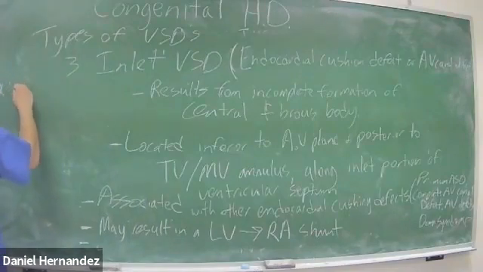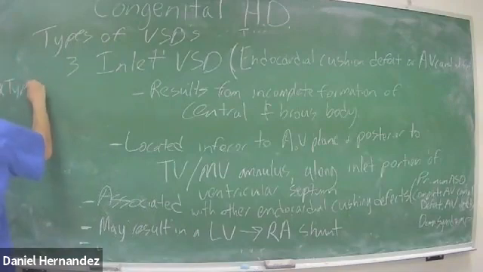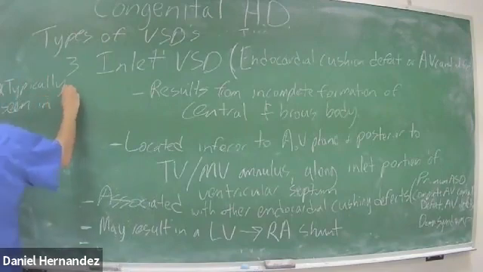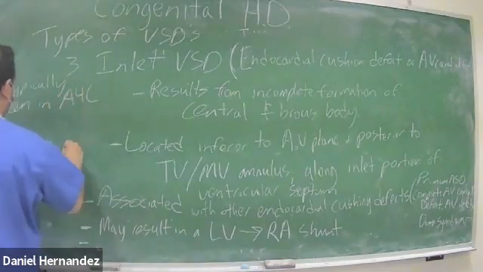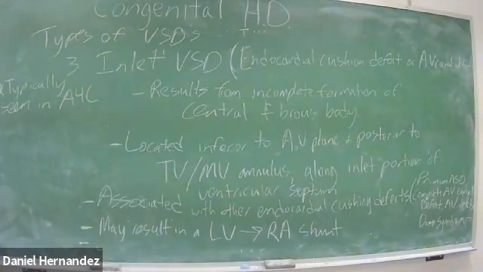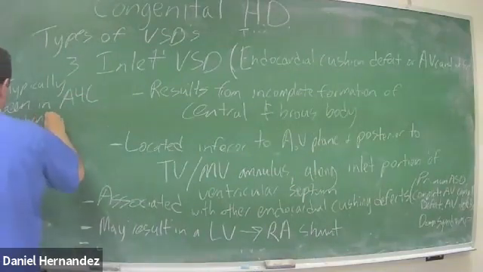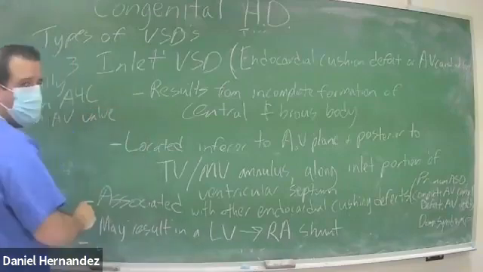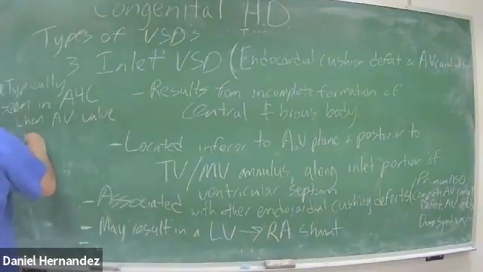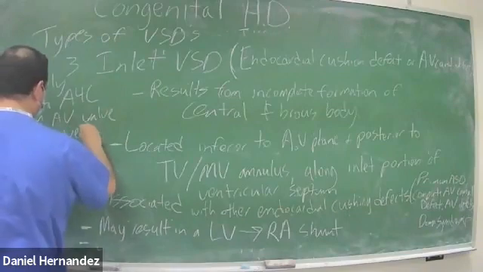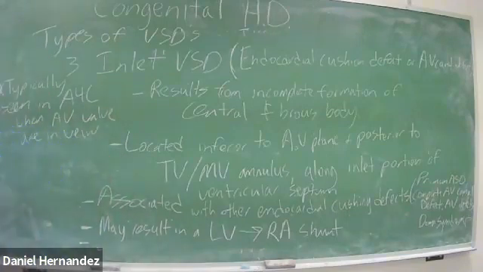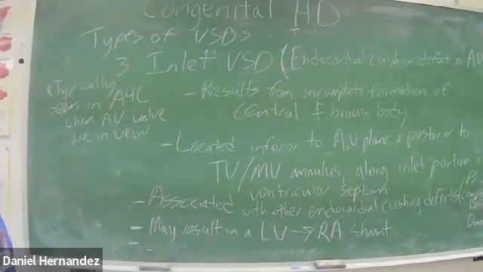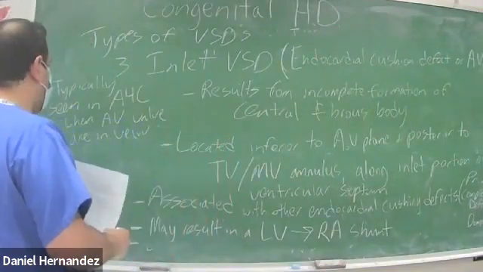We typically see this in our apical four-chamber when the AV valves are in view, when we see the mitral and tricuspid valves.